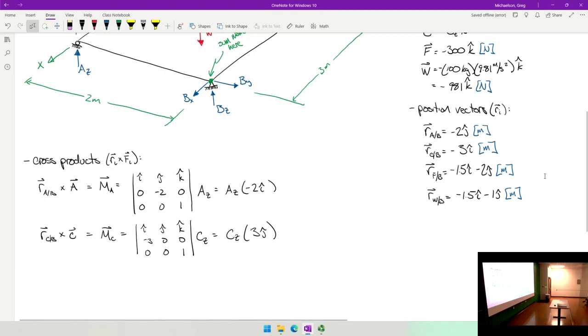Now, fortunately, we do have some numerical ones. So we have RF crossed with that force vector. That was a number.